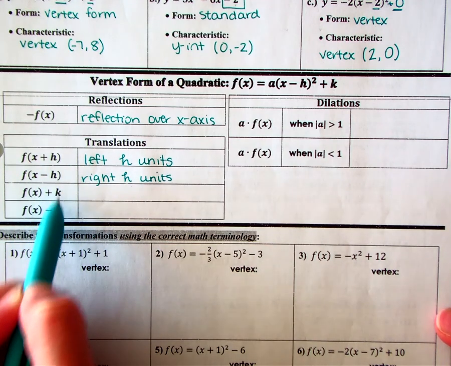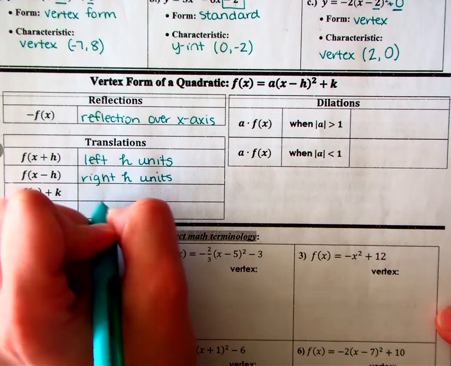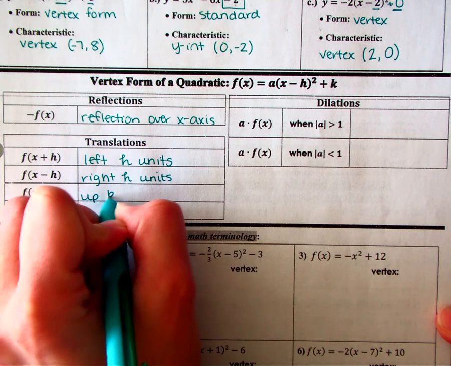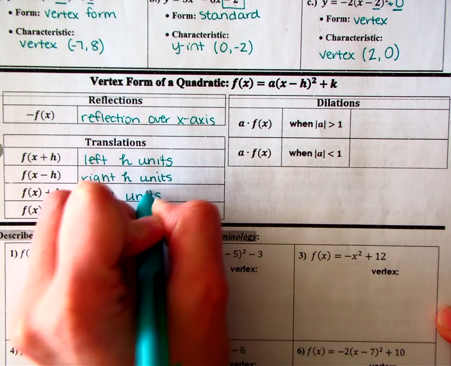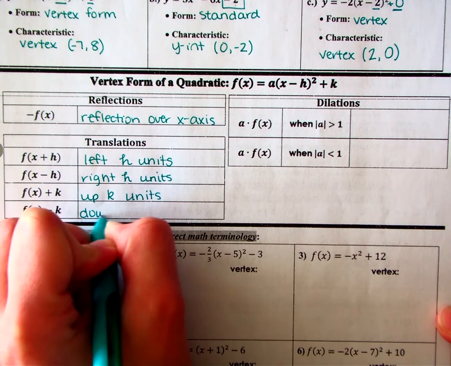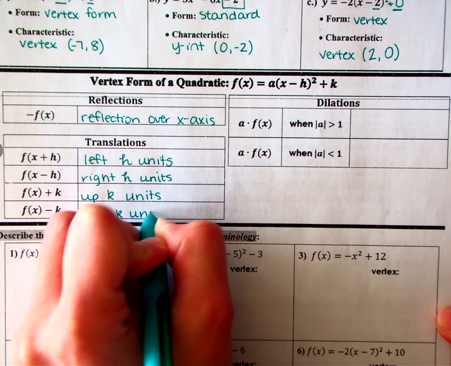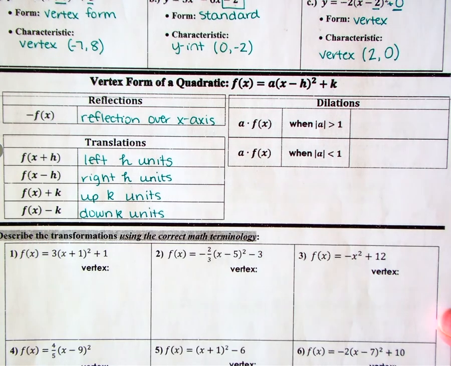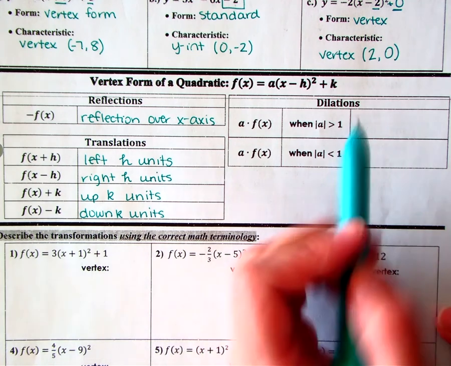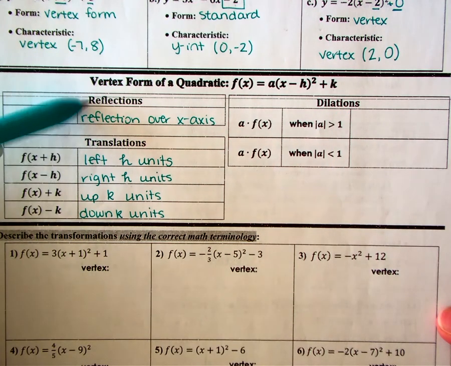The k tells us whether we go up or down. If it's positive, we go up k units. If it's negative, we go down k units. All right, and then our dilation. So over here, we've got reflections and translations.